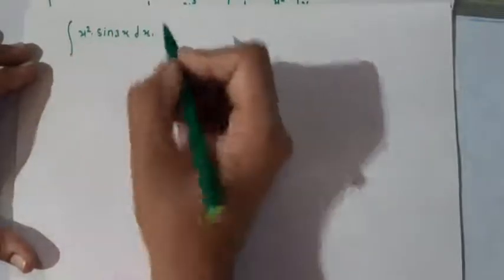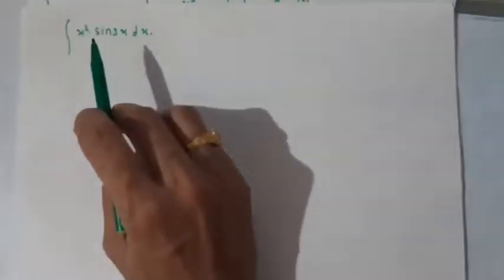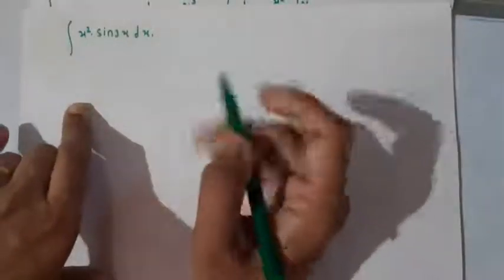Now the next problem is the integration of x square sin of 3x, integration of x square sin of 3x with respect to x. Okay students, also here let us find out the u function and v function.